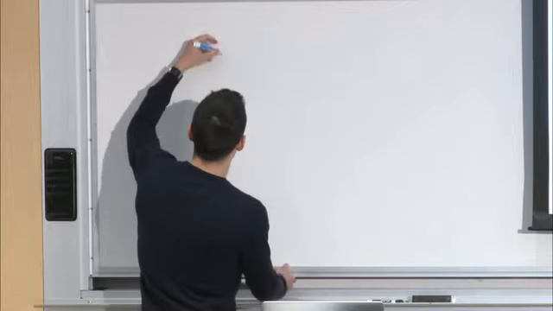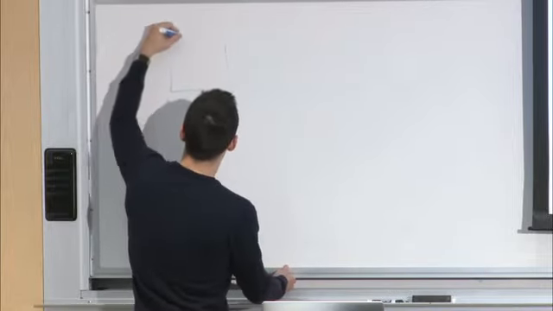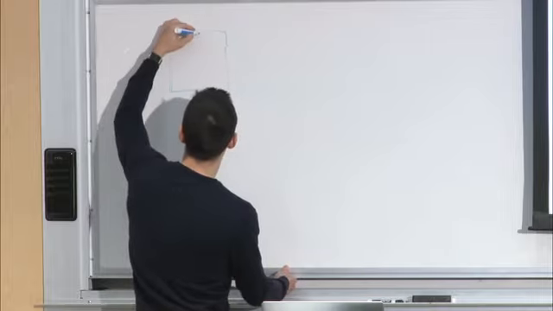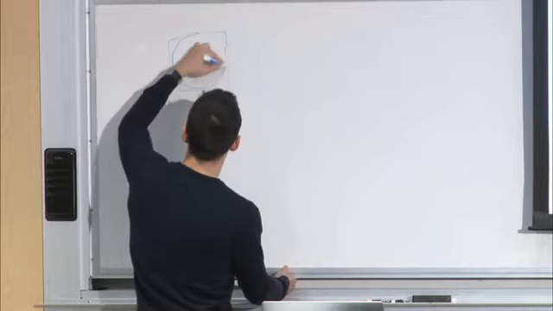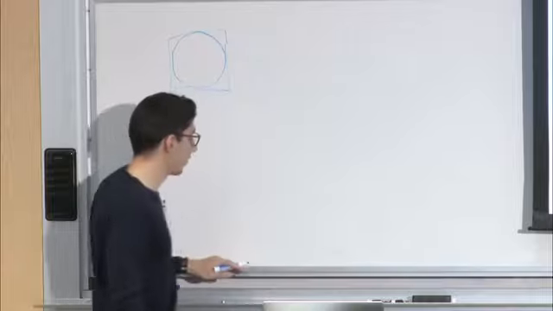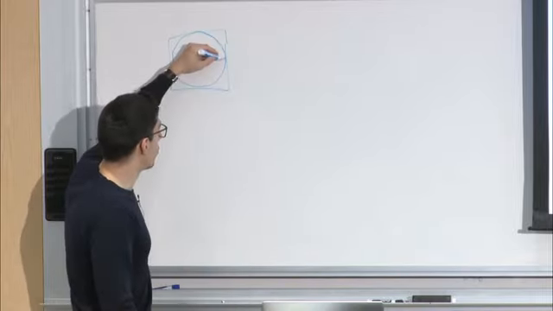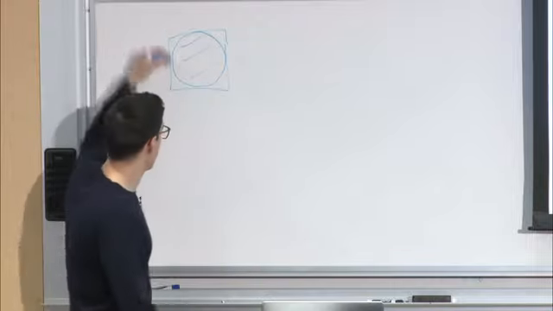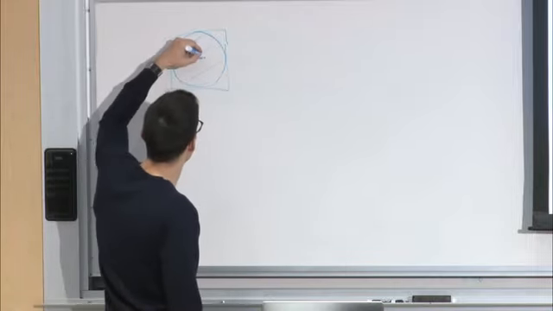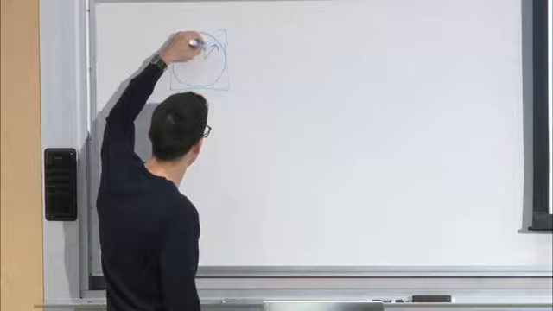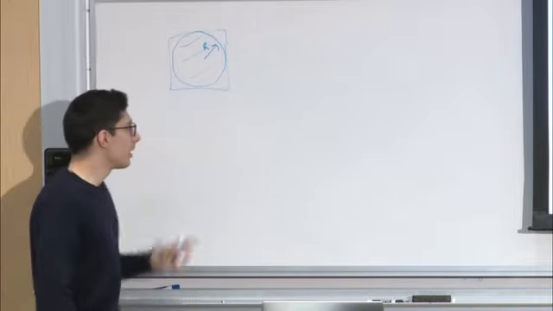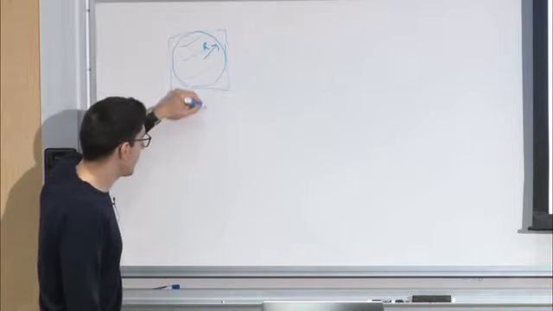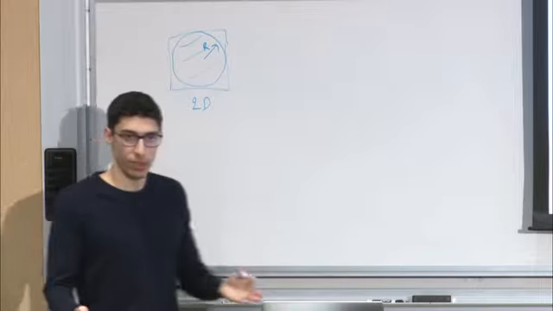So in 2D, your problem would amount to something like this. You have your image, and then you have your interesting features, contained in a circle. Let's suppose that that circle is of radius r.